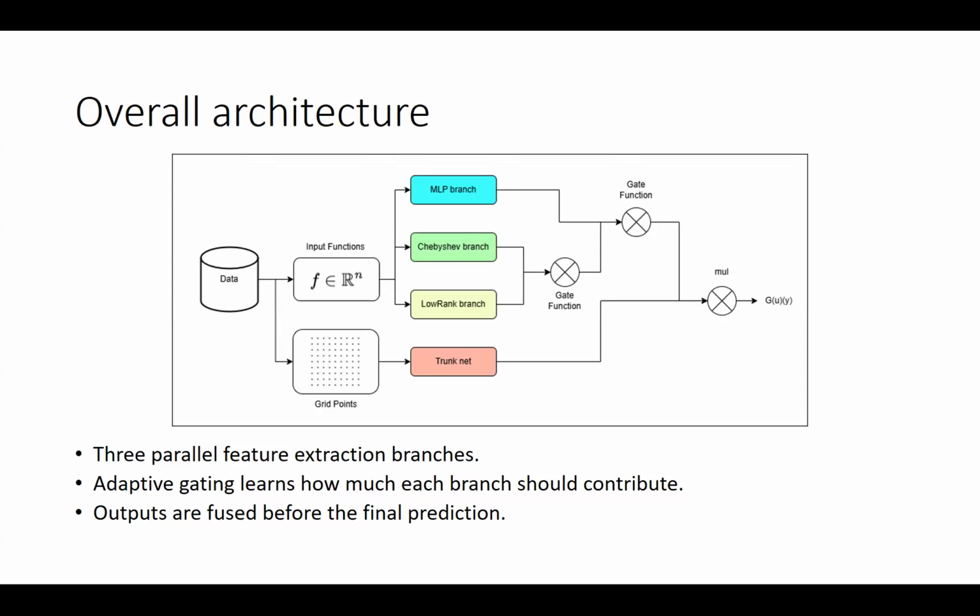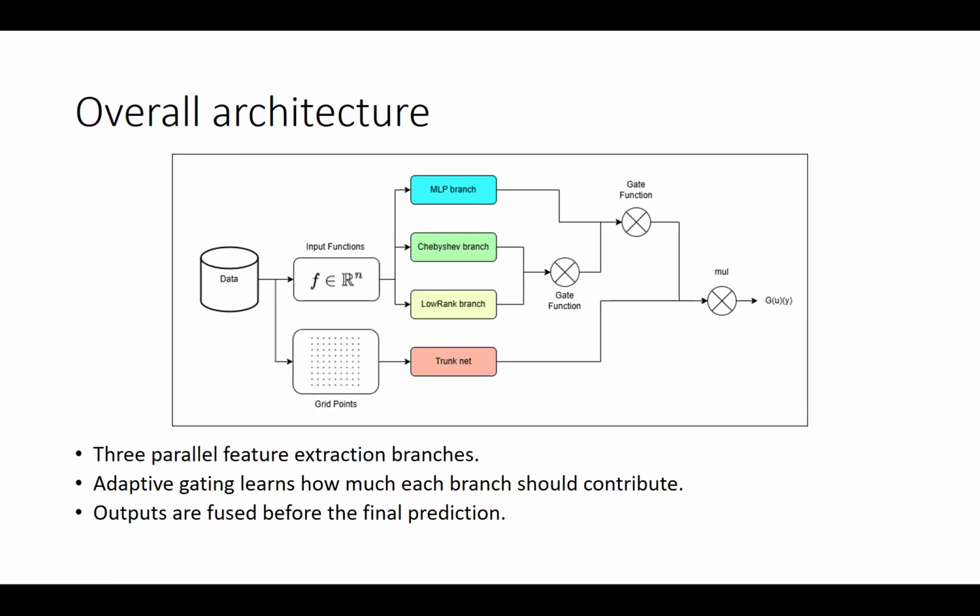The fusion of these branches happens hierarchically. We use learnable gate functions. First, the Chebyshev and Laurent branches are fused together. This creates a structured combination. Then the combination is dynamically blended with the unstructured MLP branch. This happens at the second gate.